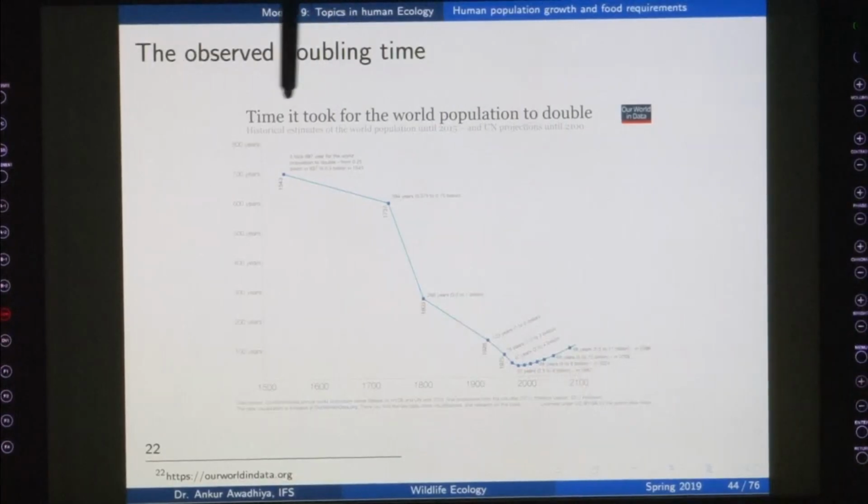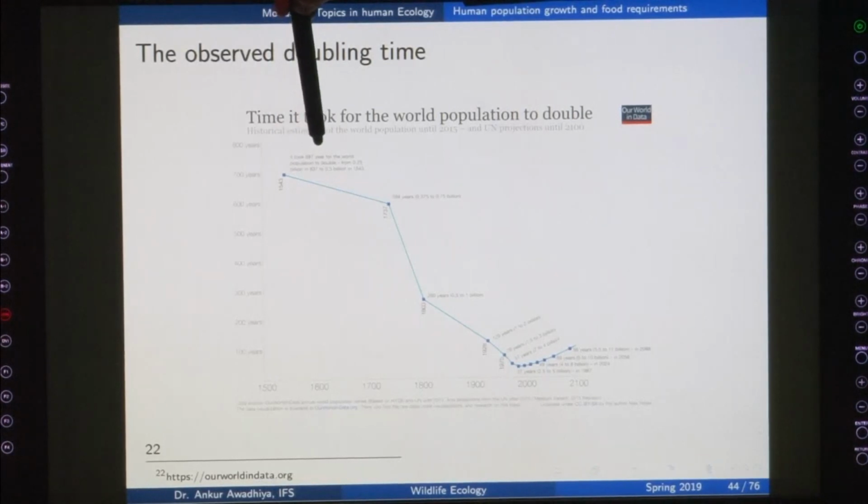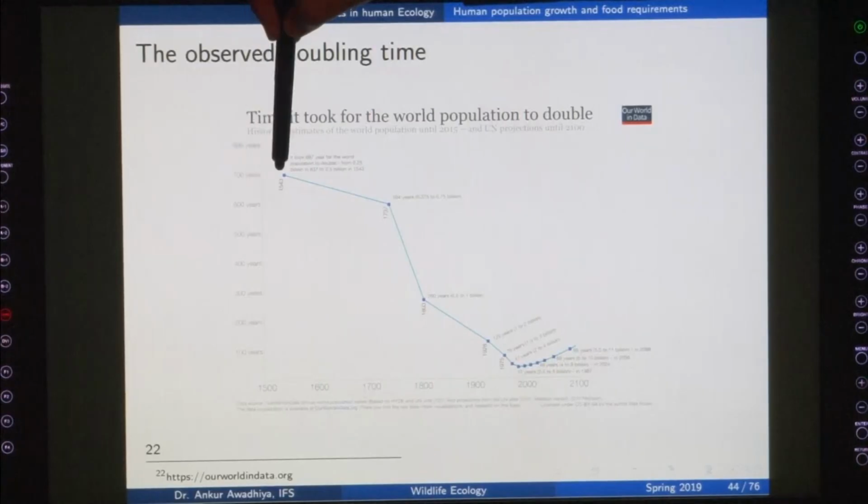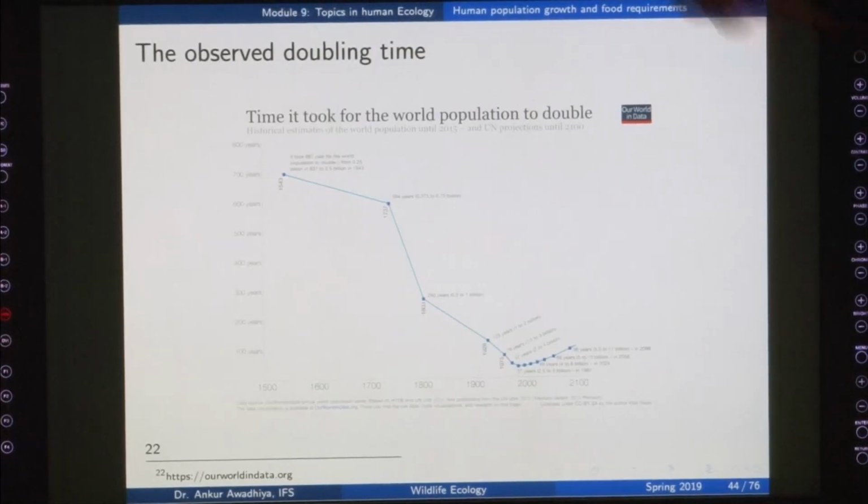If we look at this point 1543, it took 697 years for the world population to double from 0.25 billion in 637 to 0.5 billion in 1543. So it took as many as 697 years, or close to 700 years, to move from 0.25 billion to 0.5 billion.